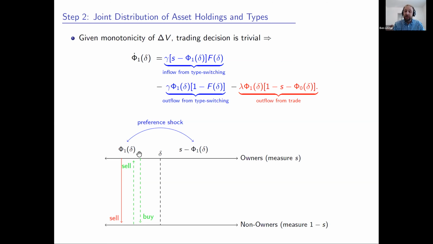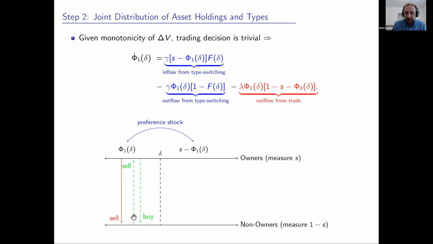Now there's also potentially inflows and outflows coming from trades, but only one of them shows up here, and I'll explain why. So first of all, you can leave this set of owners whose type is less than delta if you sell the asset, right? Somebody comes along and buys it, you transition to becoming a non-owner whose type is less than delta. But we don't see what you might expect, a fourth term of an inflow into this set from trade.